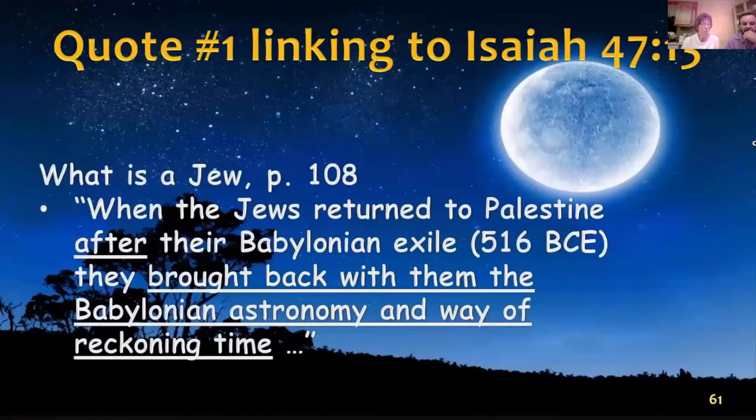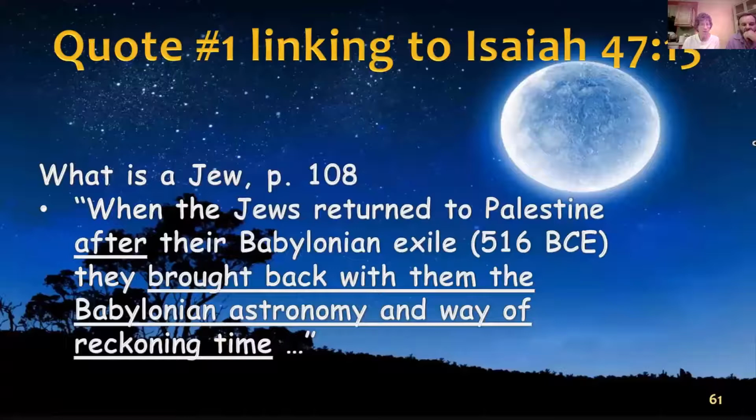This is from What is a Jew on page 108. When the Jews returned to Palestine after their Babylonian exile around 516 BC, they brought back with them the Babylonian astronomy and way of reckoning time. If you don't know who the author is, we should search that out. This is a quote that I received this last week.